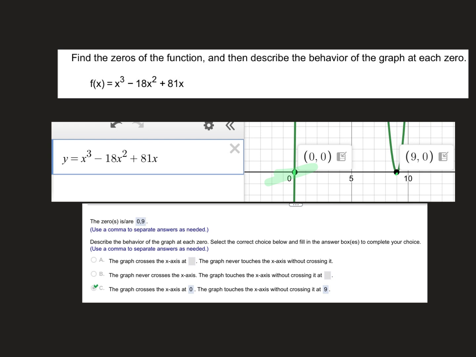This is touching without crossing. If you ended up with one that went like this, that would be this guy. So it would cross here, and then it never touches the x-axis without crossing it. So our answer is letter C. It crossed at 0, and then it touched it without crossing it at number 9.